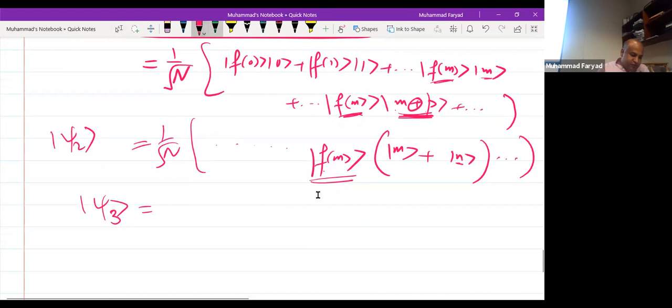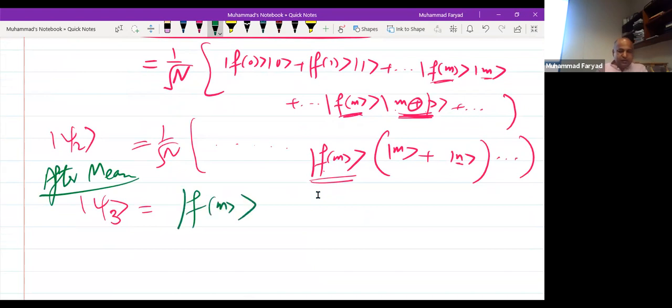measurement, this register would be in this state, while the other register would be in a state which is proportional to this. And if I write it in the normalized form, this would be m plus n.